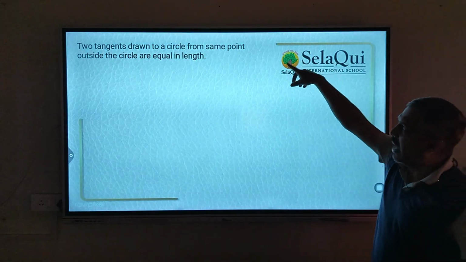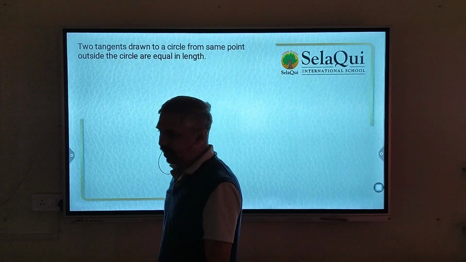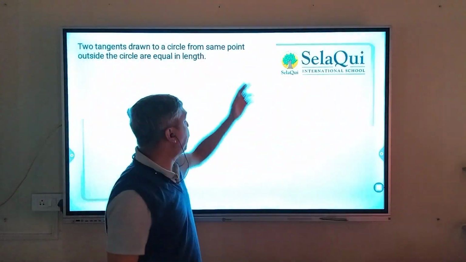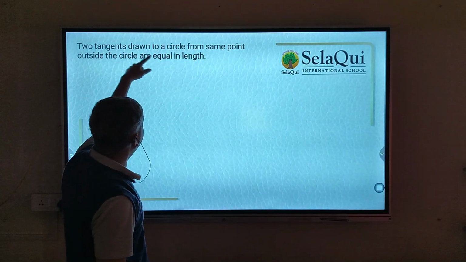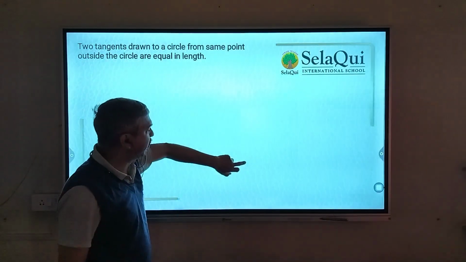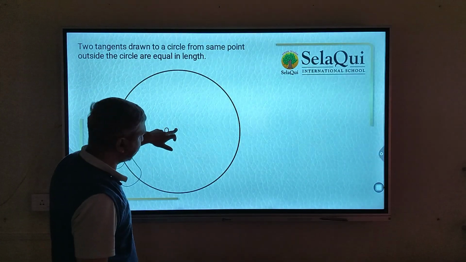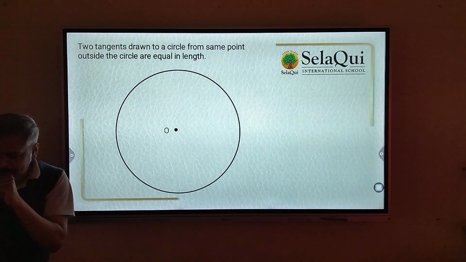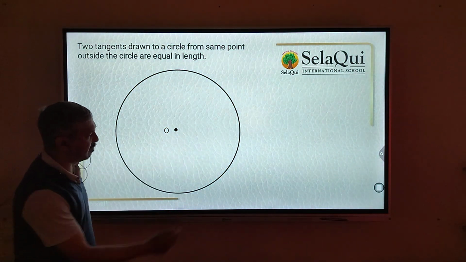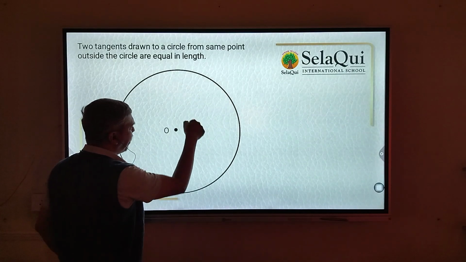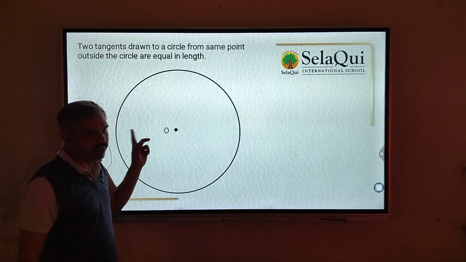The next one: the tangents drawn to a circle from an external point, a point that is outside the circle, are equal in length. First of all, we got to understand that in a circle, if you consider a point which is inside the circle, I am not showing the point, but imagine any point inside the circle, here or here or here.